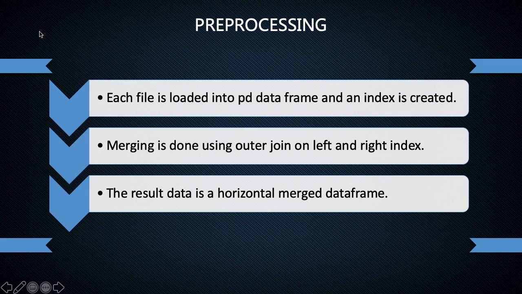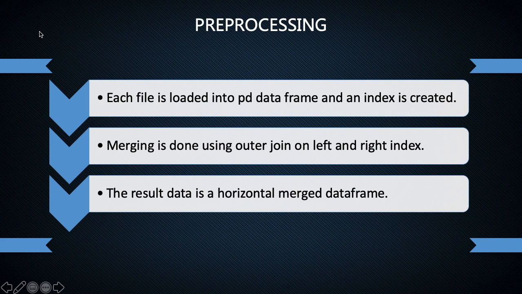For our pre-processing, we used Python and its library pandas. First, we loaded each data file into a data frame, and then we added a datetime index to each data frame. Based on that datetime index, we did an outer join merge with other data frames to get a merged data frame.